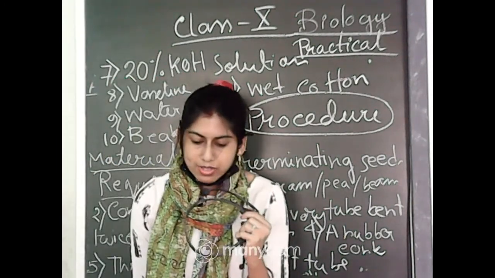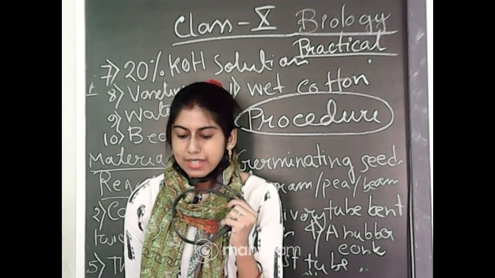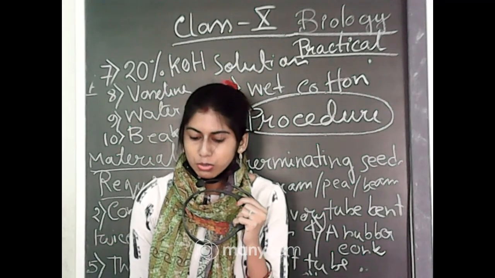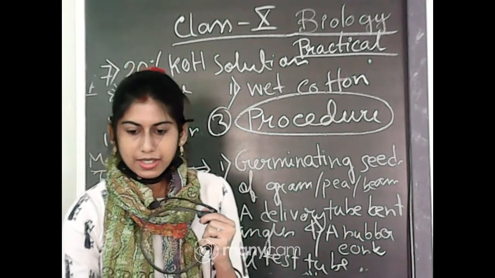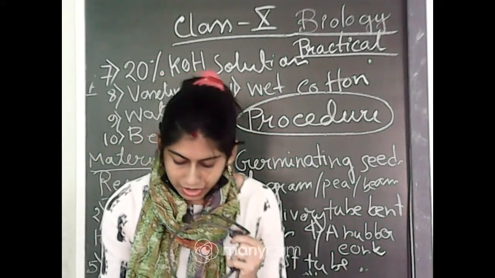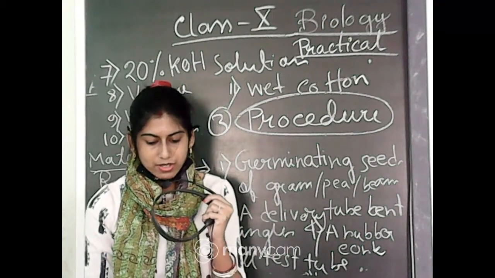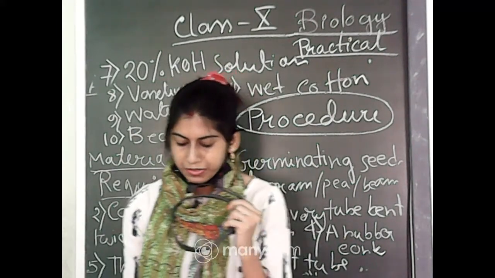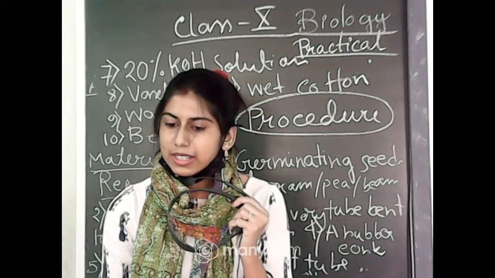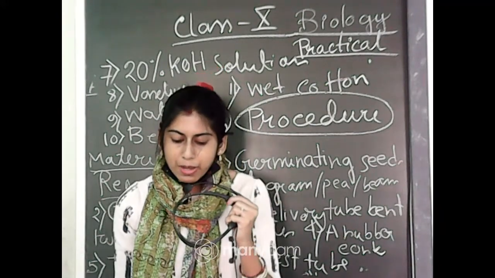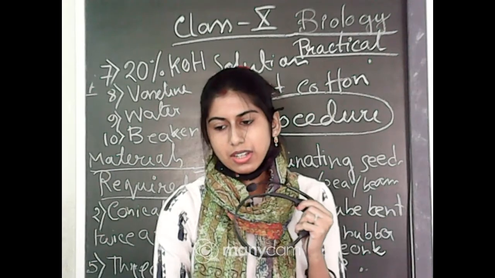Then write: the rubber cork firmly holds the thread tied to the small test tube containing potassium hydroxide solution.